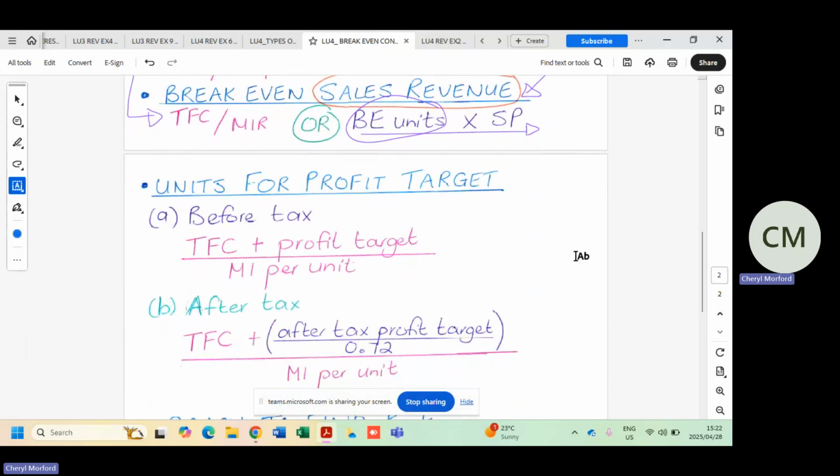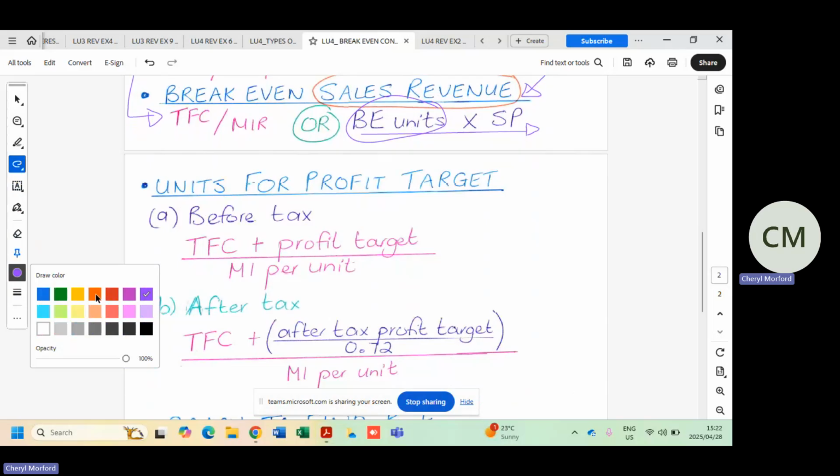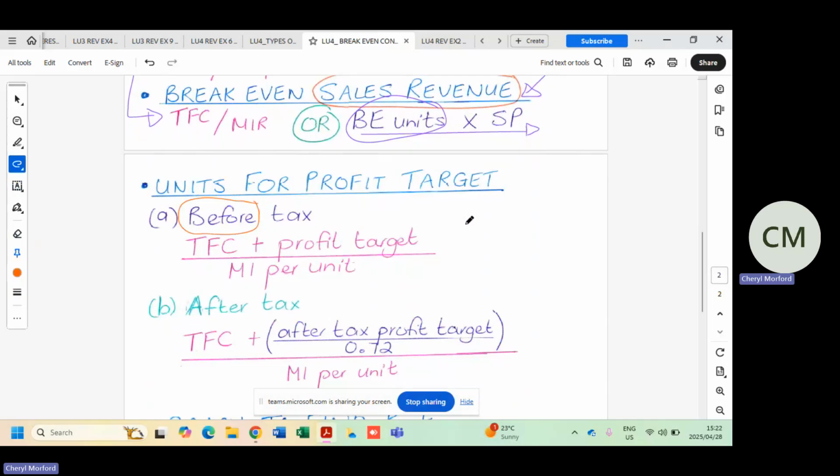All right. So there are two possible ways in which the question could be asked. The one that it must be in terms of when you do your calculation is this one. It must be a before tax profit target. All calculations are made exclusive of any tax.